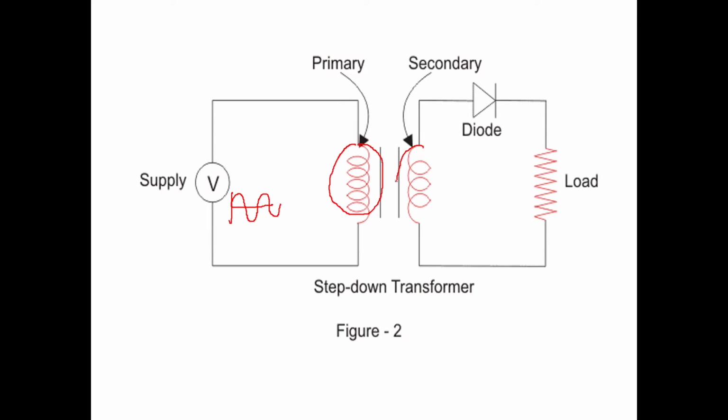This is the secondary coil of the transformer, and the secondary is given to the diode. Across this load you will get only the positive half cycles. Plus and plus, this is plus, this is plus. The negative half cycle will not conduct. This is the circuit shown for a half wave rectifier using a step down transformer.